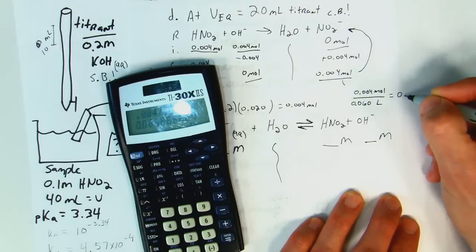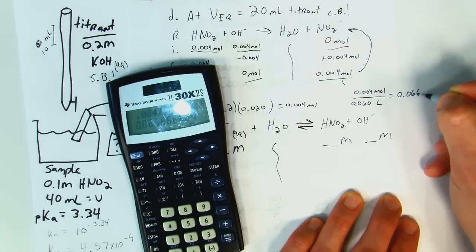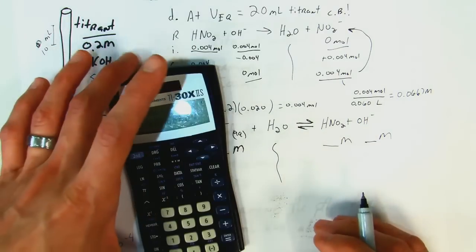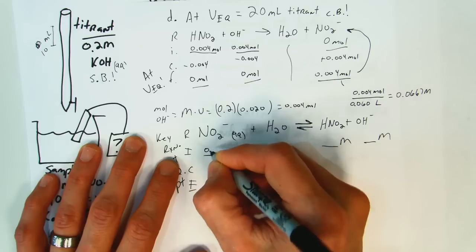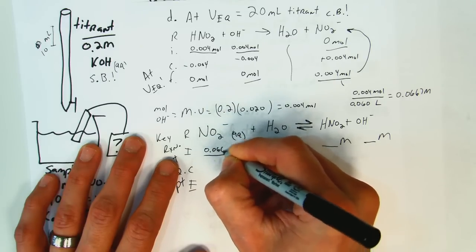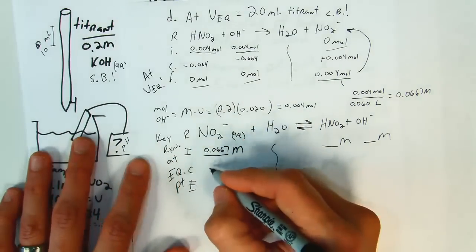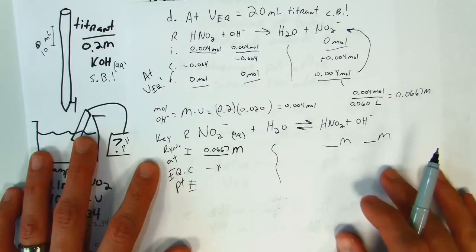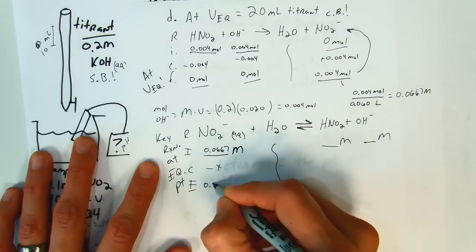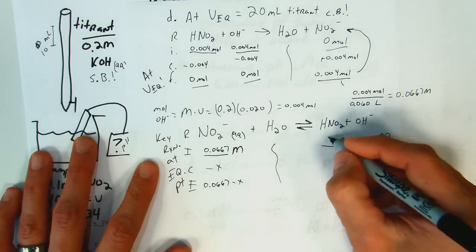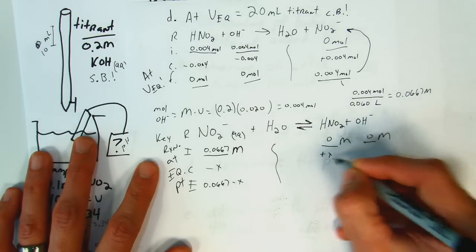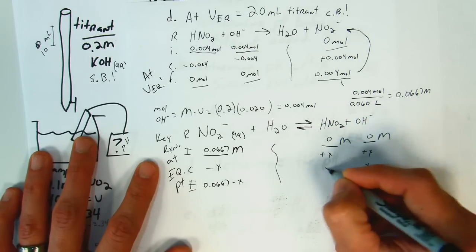And when I do that, I get 0.0667 mole per liter. That's my initial concentration of this stuff before the reaction takes off. Of course I'll lose some as it proceeds to the right, and I make products. Start with 0 and 0, plus x, x and x.